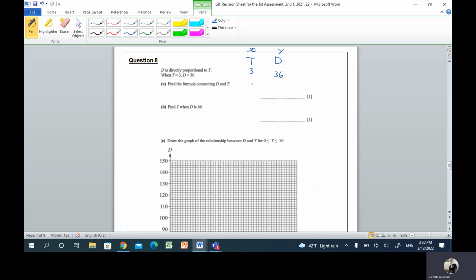And as you can see, T is less than D. Accordingly, in order to make a relation between T and D, you're going to either multiply T by a number so that it is equal to D, or you're going to divide D by a number.